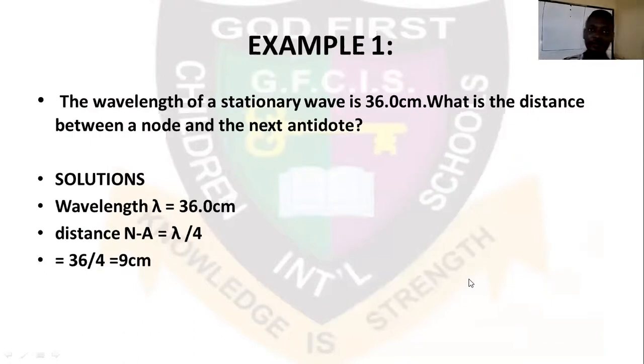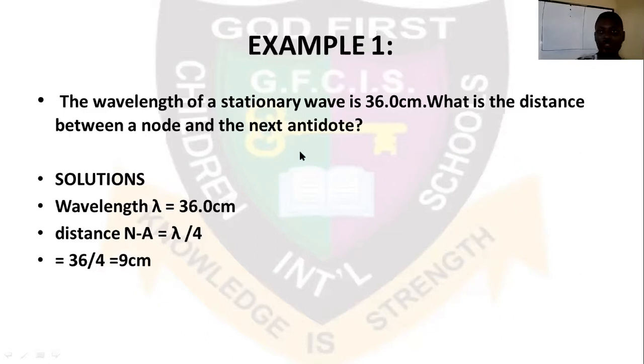Okay, example. The wavelength of a stationary wave is 36.0 centimeters. What is the distance between a node and the next antinode? Let's go through our solution. The wavelength that has been given to us is 36 centimeters. Wavelength is represented by lambda. What is the distance between the node and the next antinode?